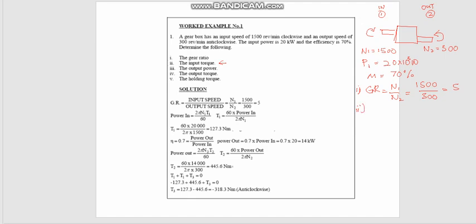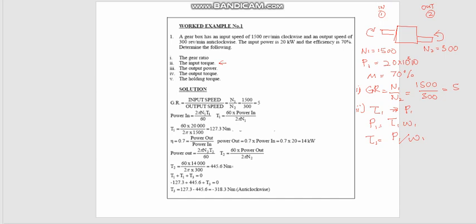We are asked to find the input torque, which is tau 1. And basically tau 1 is related to power, right? So power P1 equals tau 1 times omega 1, right? So I can find tau 1 equals power 1 divided by omega 1.